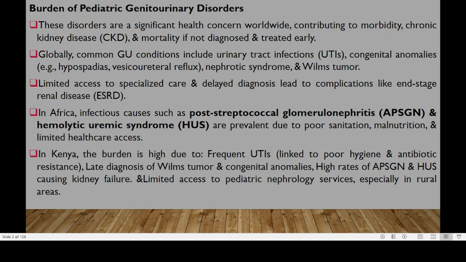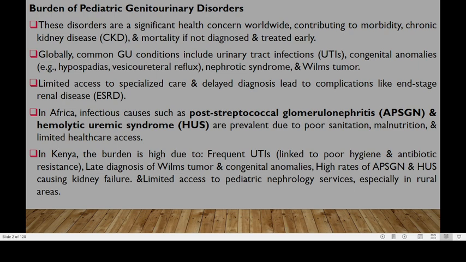Globally, common genitourinary conditions include urinary tract infections, congenital anomalies like hypospadias, vesicoureteral reflux, nephrotic syndrome and Wilms tumor. Generally, there is limited access to specialized care and delayed diagnosis, which normally leads to complications like end-stage renal disease.